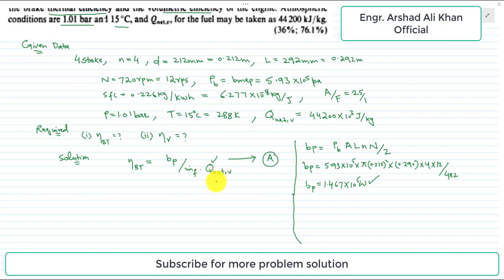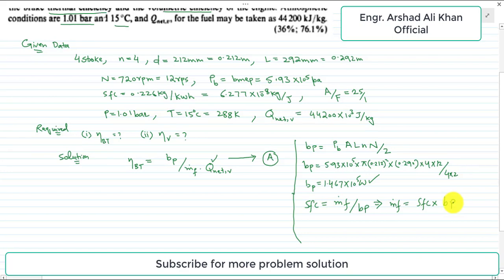To find the mass flow rate of the fuel, we know that specific fuel consumption SFC is equal to mass flow rate of fuel divided by brake power. Here brake power and SFC are known, so we will find m dot f. m dot f is equal to SFC into brake power.